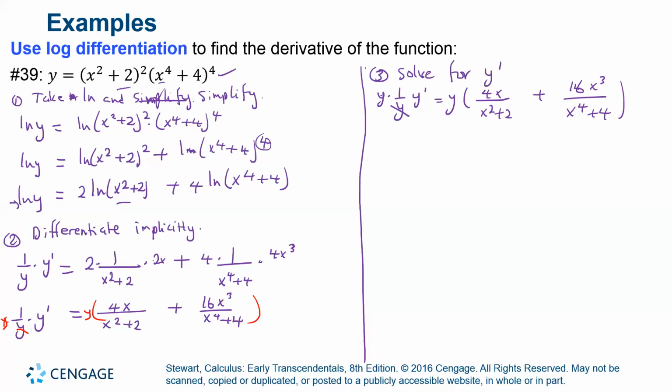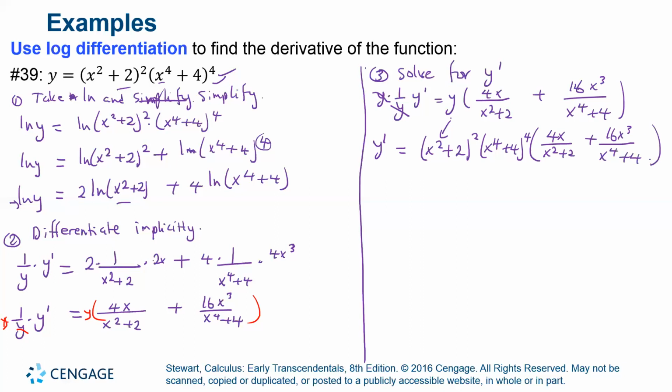Okay, now this y's will cancel out, so then your y prime is equal to the y, but we substitute it back. My y is right here, so that is x squared plus 2 all squared, x to the 4 plus 4 all to the 4, then times this expression here, 4x over x squared plus 2, then plus 16x cubed over x to the 4 plus 4, like this.